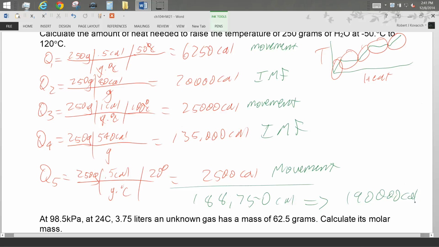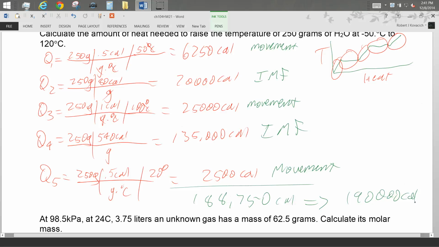There's a fundamental difference between gas and solid or liquid. What's the fundamental difference? Contact. The gas particles are not touching each other. So to make them not touch each other, you have to put enough energy into them to break all of their intermolecular forces. When I melt it, they're still touching each other.